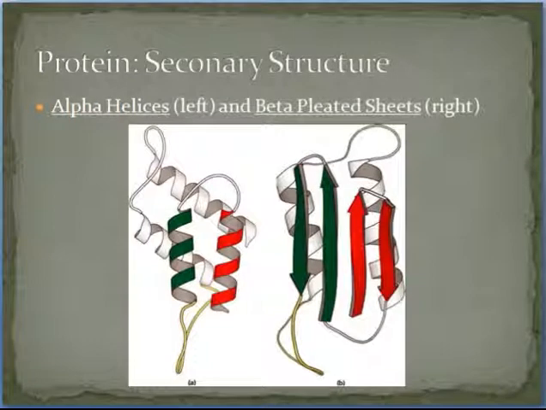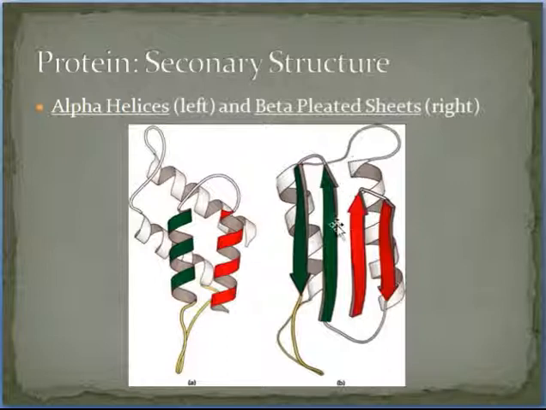The secondary structure. So you have a string of amino acids, and they tend to want to do 2 things very commonly. They want to create alpha helices, like you see here, this red and green. These loop-de-loops are called alpha helices. And they want to make what are called beta pleated sheets, sometimes just called beta sheets or pleated sheets.